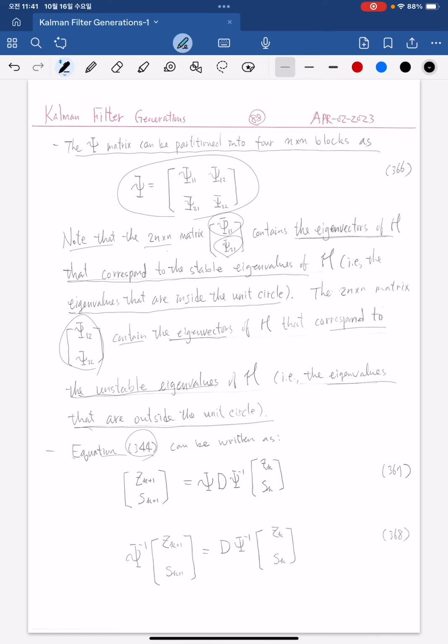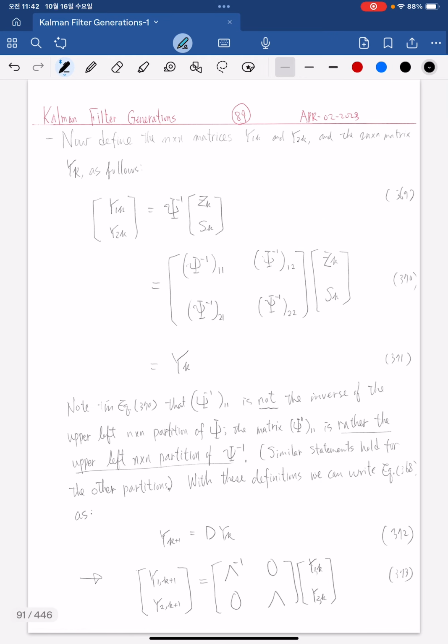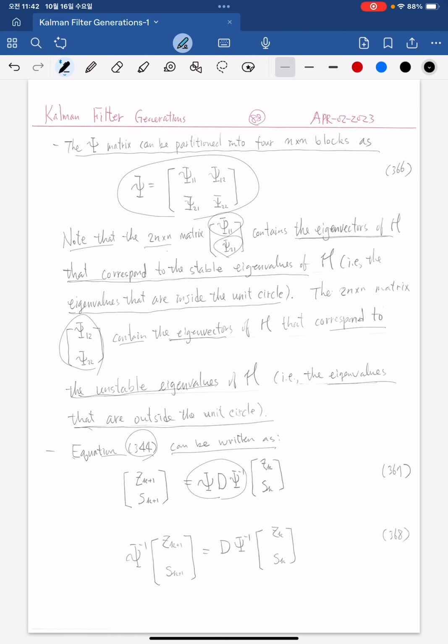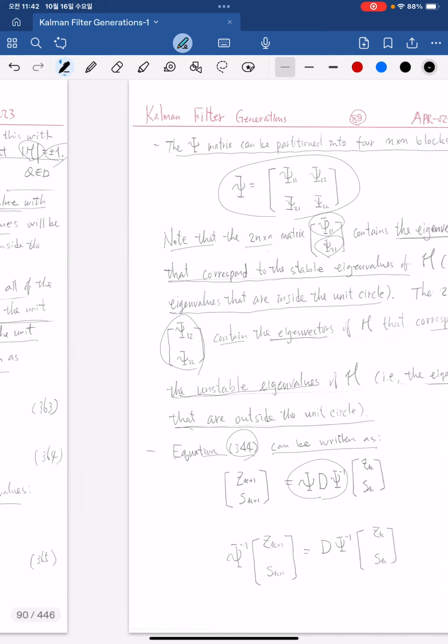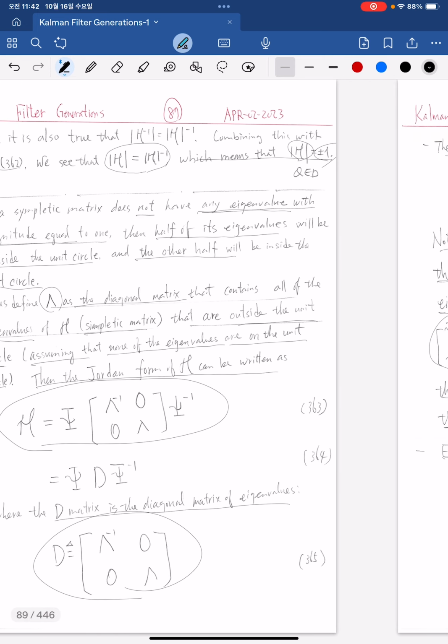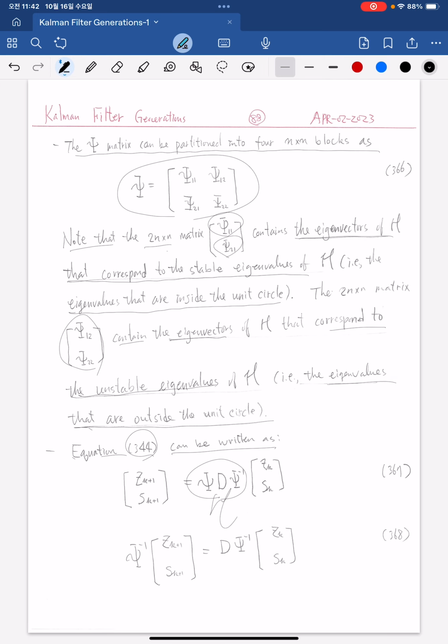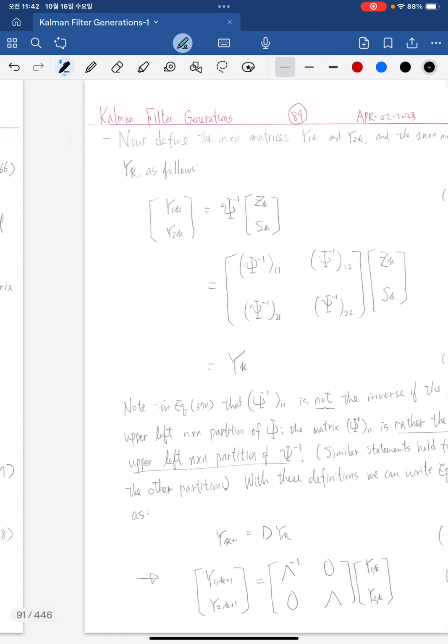Equation 344 can be written, 그 부분은 지난 동영상에 보여줬죠. 이렇게 나오면 요 부분이 우리가 그래서 여기 파이 D5 여기 H 매치죠. 예. 그리고 이쪽으로는 넘기면 이래 368 되고.